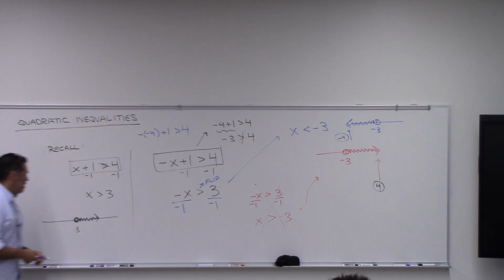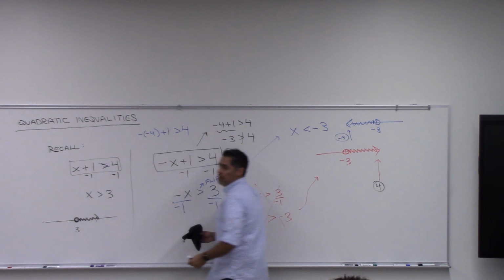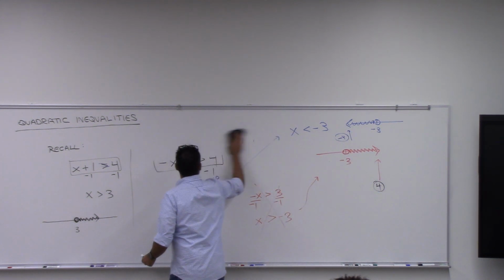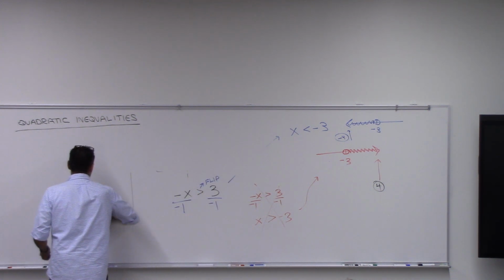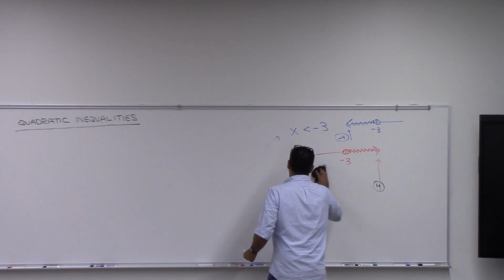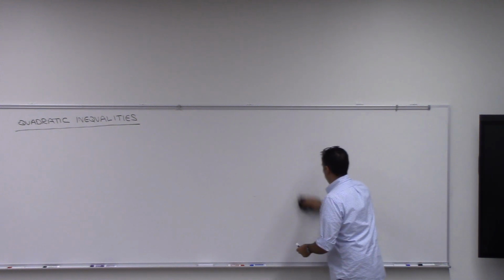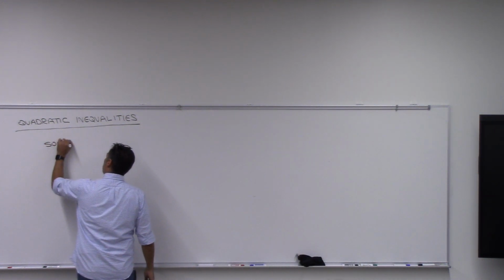What we want to study are quadratic inequalities, which are a lot more complicated than linear inequalities. So let's start out with our first example of a quadratic inequality. I want us to solve this.